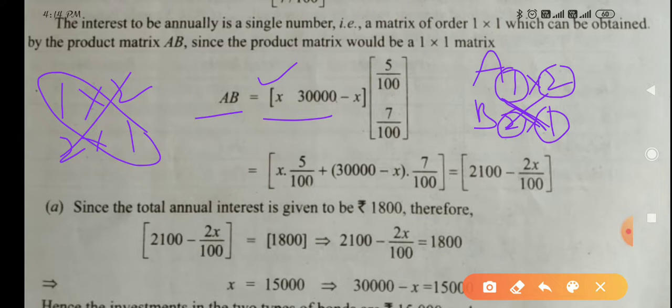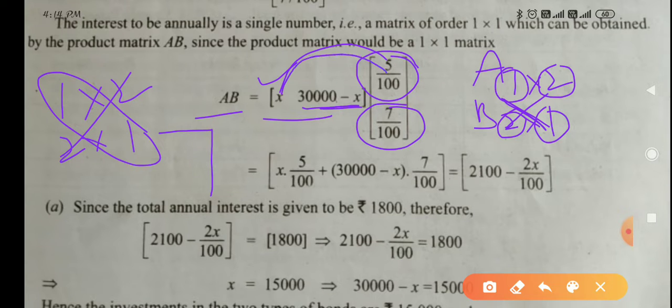On rupee 1 you are getting interest 5 upon 100. So on rupee X you will multiply, then you will get 5x upon 100 interest. On rupee 1, 7 upon 100 you are getting as interest in the second bond. So on 30,000 minus X you will multiply, because when you multiply, you know very well, row by column, like this the multiplication is done.